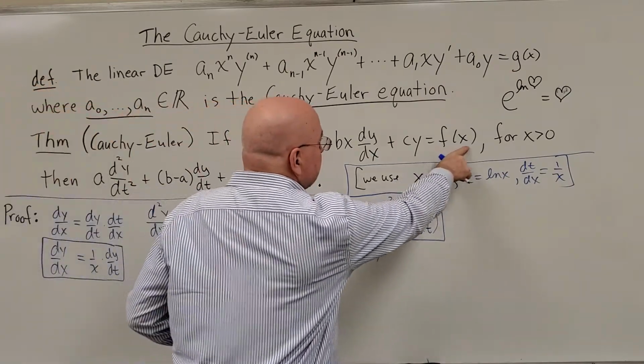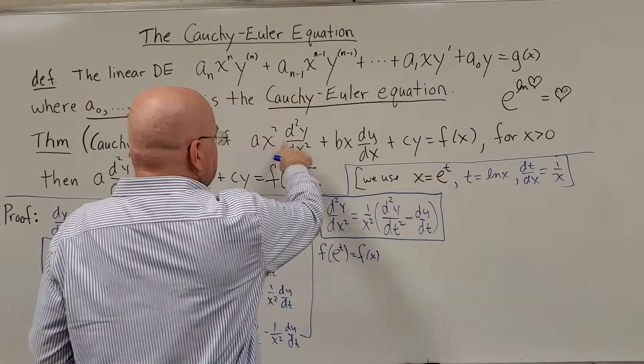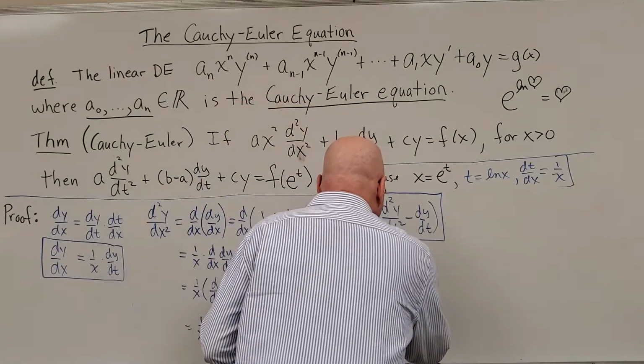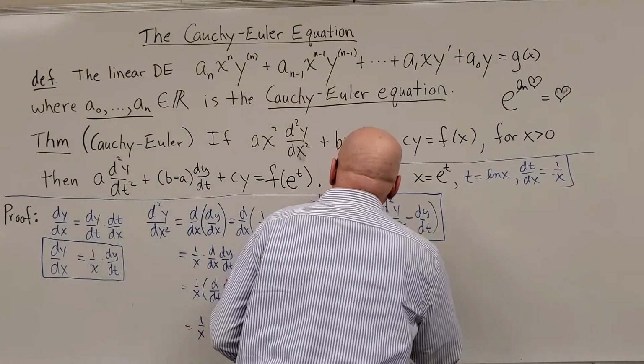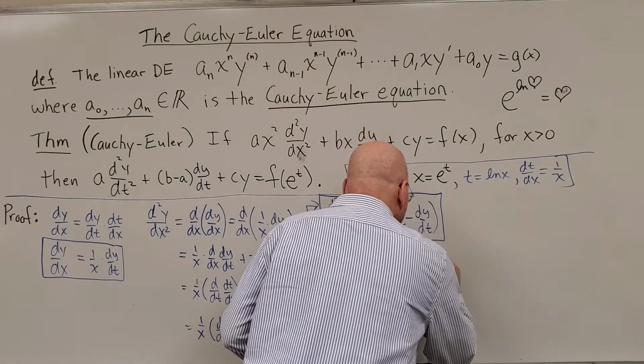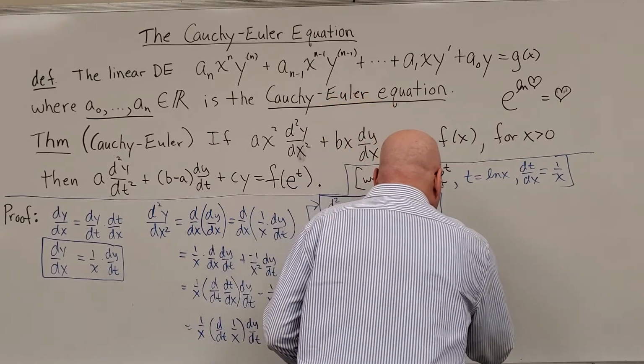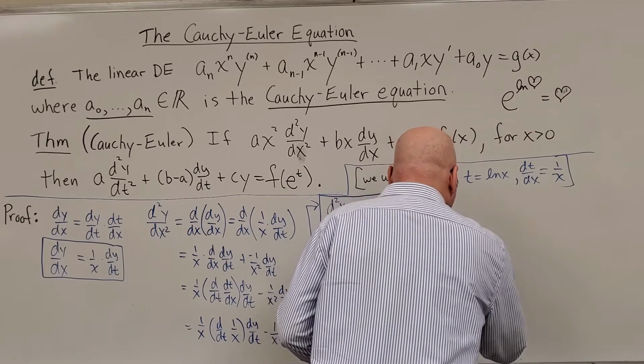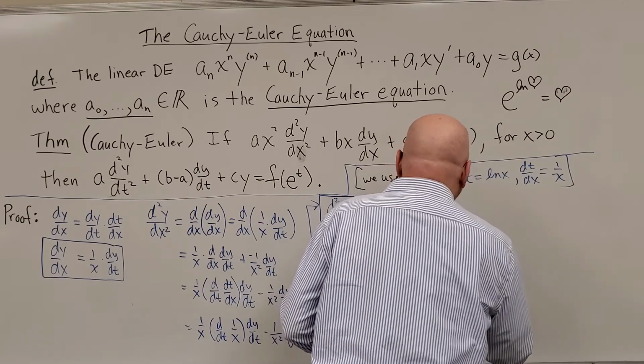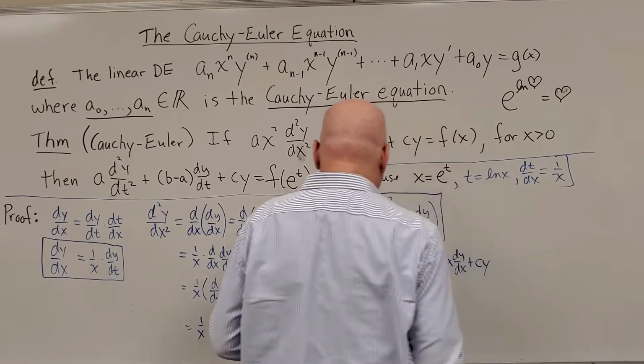Well, here's f of x. So f of x is all of this. It's equal to ax squared d squared y/dx squared plus bx dy/dx plus cy.